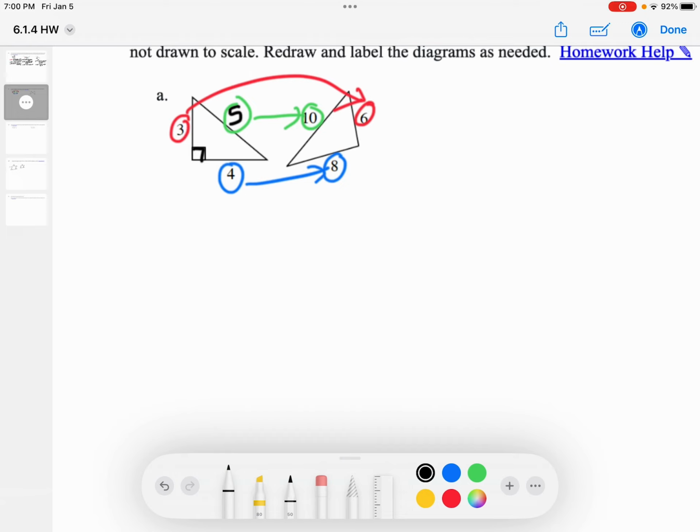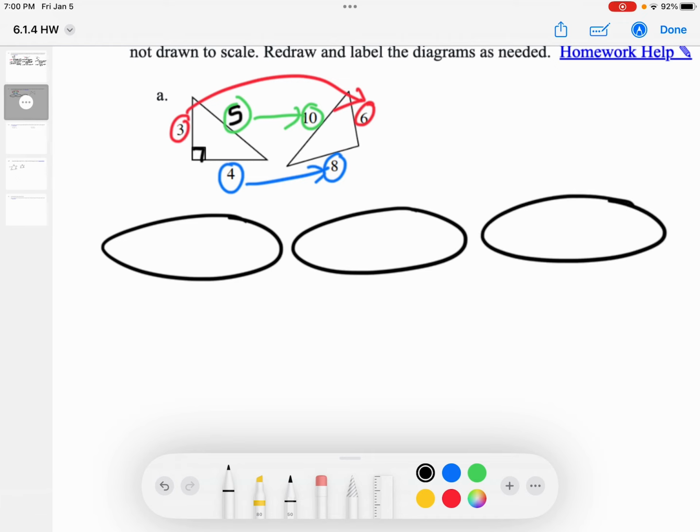Okay, so we have a flowchart proof that we can make using the ratio of these sides. So I'm going to say 3 over 6 equals 1/2, and 4 over 8 equals 1/2, and 5 over 10 equals 1/2. All of my ratios are equal, 1/2, 1/2, 1/2.